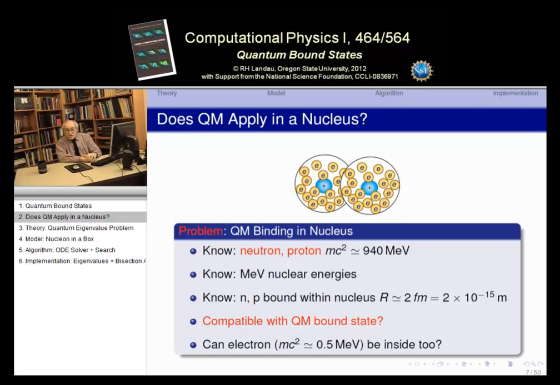We can ask a similar question, and this was a real serious research question, and it still is a good physics exam question, be aware. Could there be electrons inside of the nucleus? Is it possible that if you bind an electron inside of the nucleus, it could be in these energy levels? So maybe it's not the neutrons and the protons that are in these energy levels, but rather electrons. That was a serious question. We know that for an electron, its mass times c squared is 1/2 of an MeV.